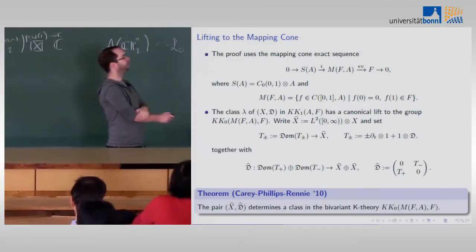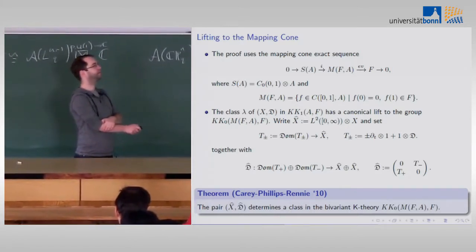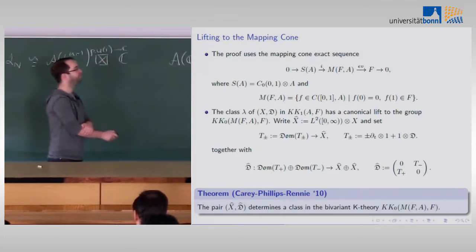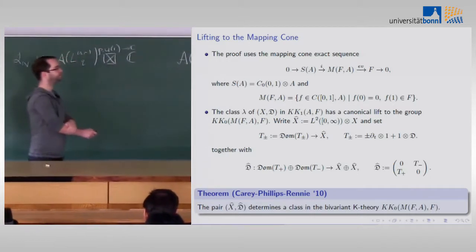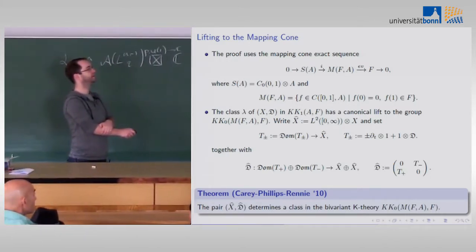And we know that we can lift, well, okay, so we have to construct this, but this class that we wrote, this AF bimodule with this infinitesimal generator, which lives in the odd KK theory, you can lift this to the KK theory of the mapping cone with the fixed point algebra F. And you do this as follows. So you go from K1 of AF into K0 of MF.